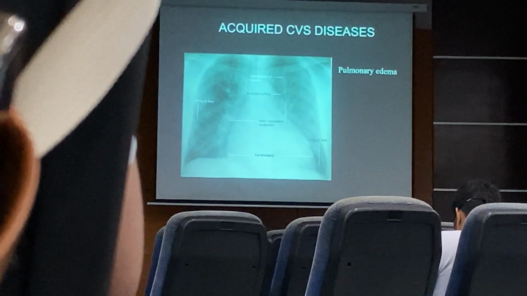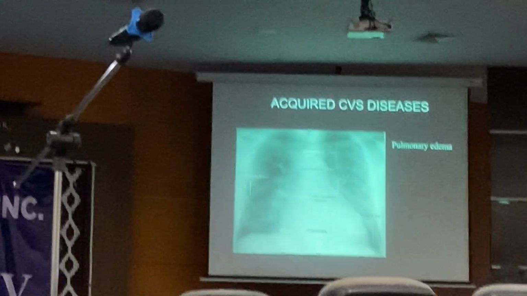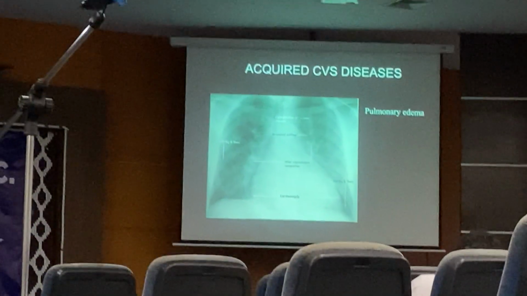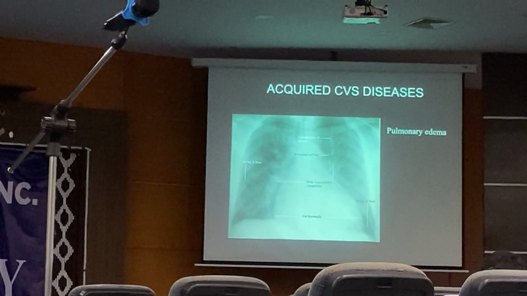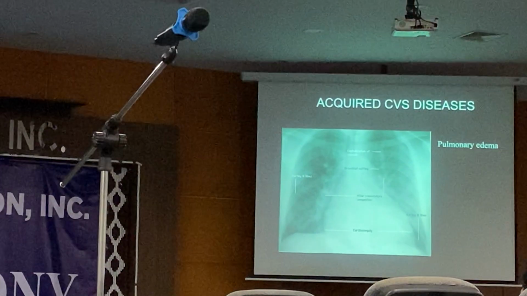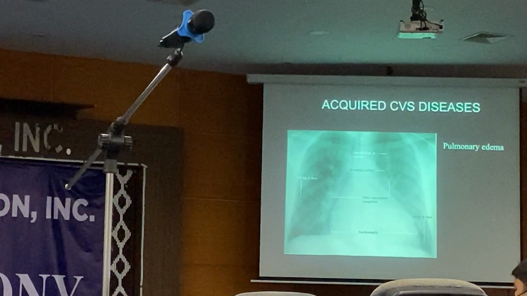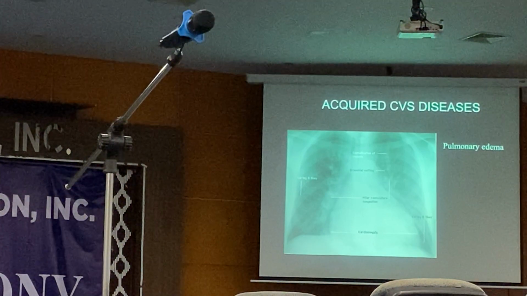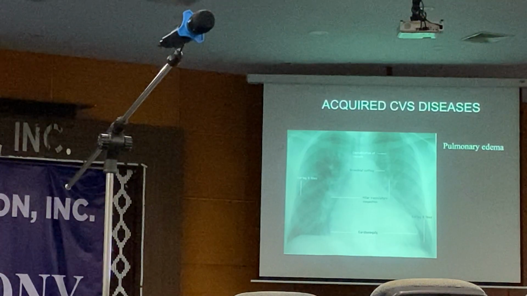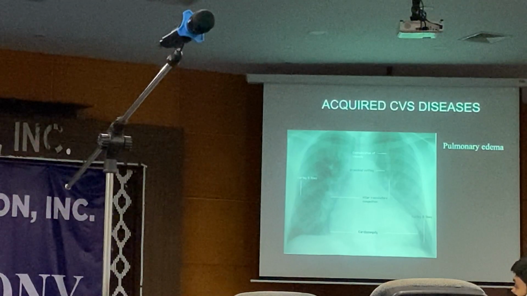So in pulmonary edema, what do you see? You have three stages in pulmonary edema. So what are the three stages? You have cephalization. Just like I mentioned earlier, your pulmonary vasculature is more prominent at the bases, because of the law of gravity, your vessels will be dilated more in the lower lung field.